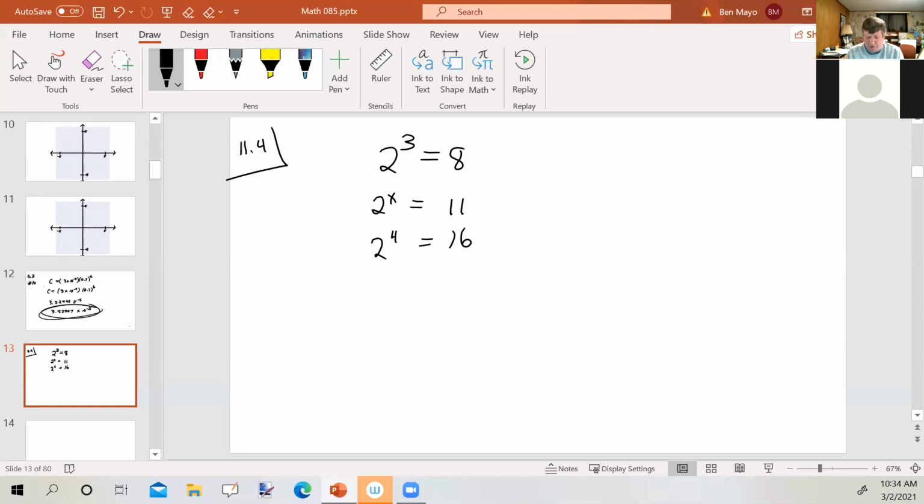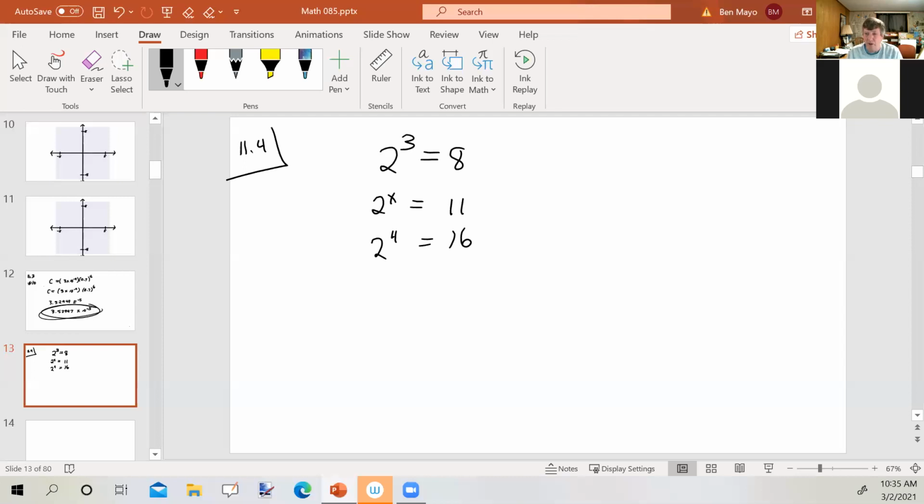So if 2 cubed is 8, and 2 to the 4th power is 16, and 2 to the x is 11, since 11 is between 8 and 16, x must be between 3 and 4. And we could sit down in our calculator and go 2 to the 3.1, 2 to the 3.2, and through trial and error, we could get an answer to some reasonable number of decimal places.